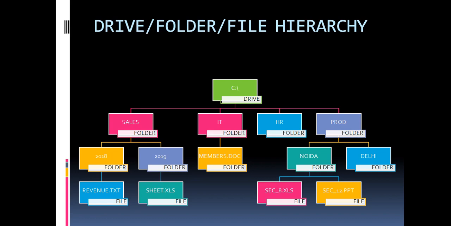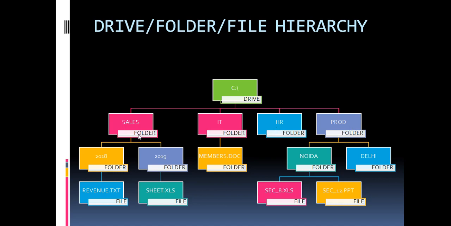Please go through the hierarchy diagram shown here for your better understanding. C is the root directory, called the drive, written with C colon, right? It has further folders: sales, IT, HR, production.